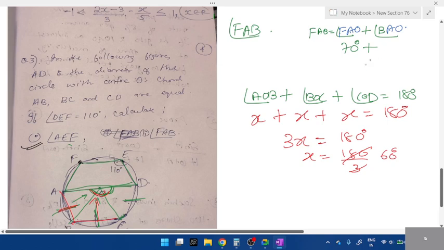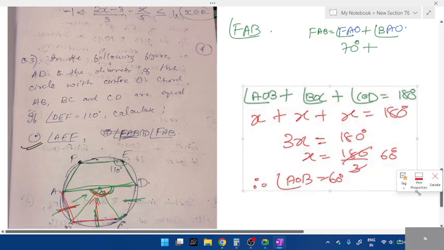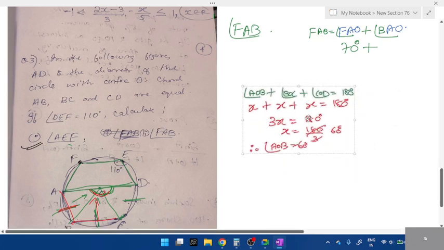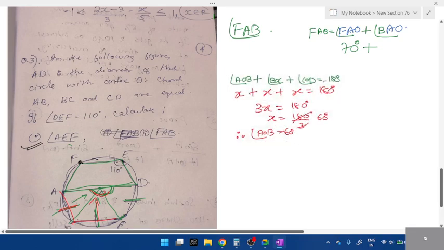So we need BAO. Therefore, mention: therefore, AOB is equal to 60. Yeah, I forgot to use the statement. Make a note.